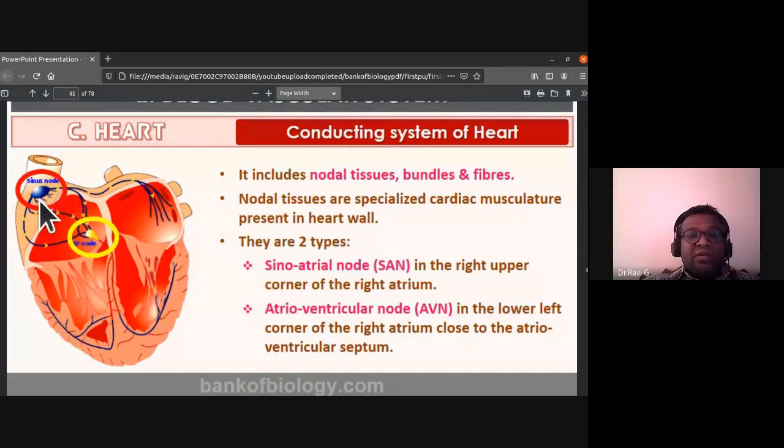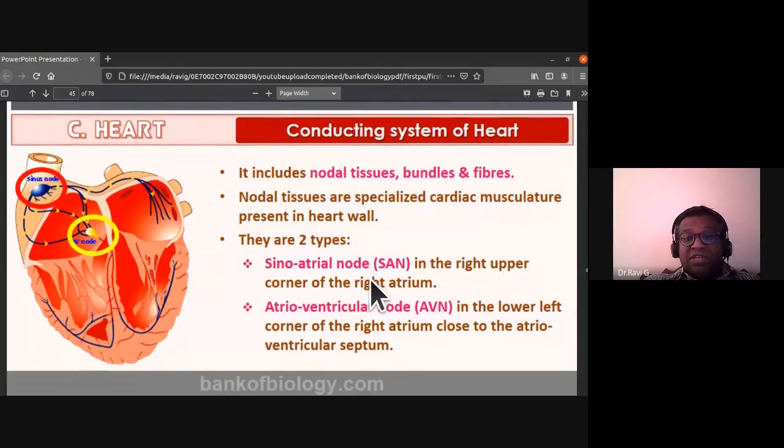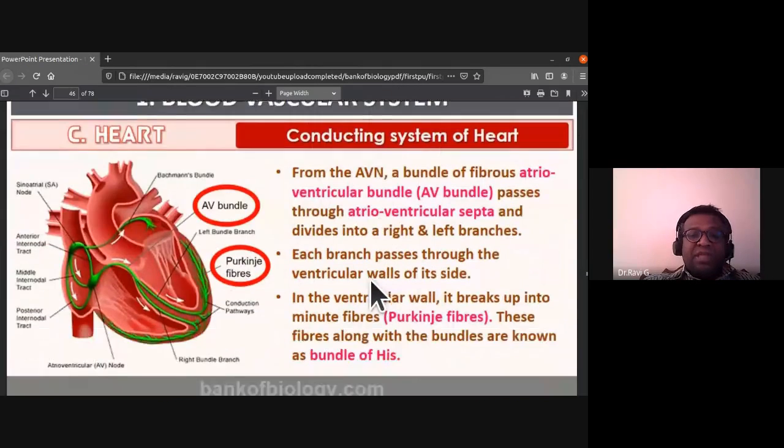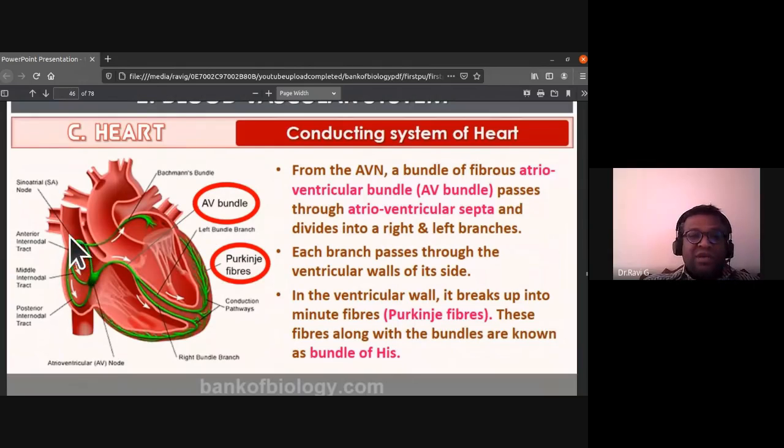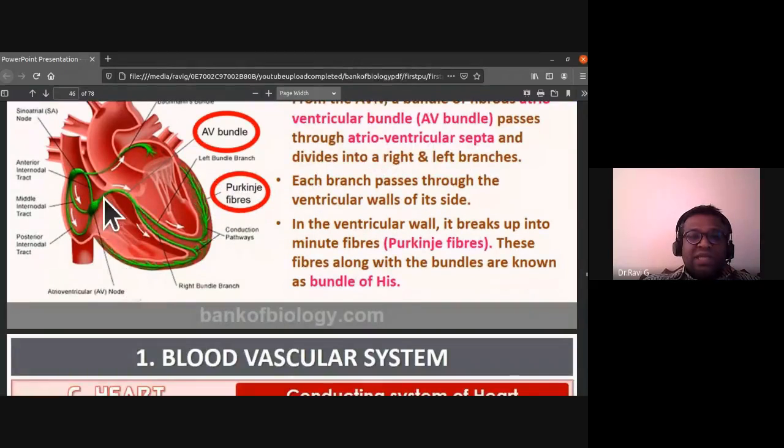So the sinoatrial node and atrioventricular node are the nodal tissues. This is the sinoatrial node and this is the AVN. From the AVN, a fibrous atrioventricular bundle, the AV bundle, arises. You can notice this AV bundle.